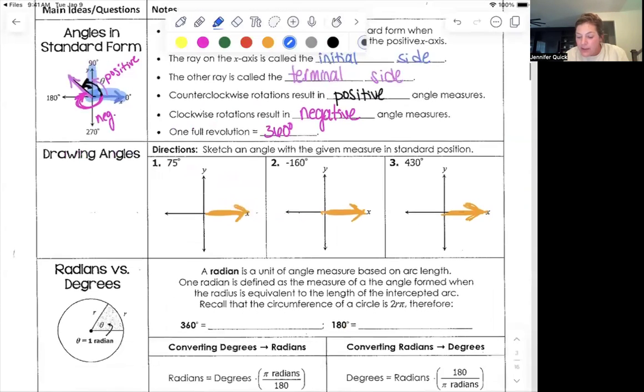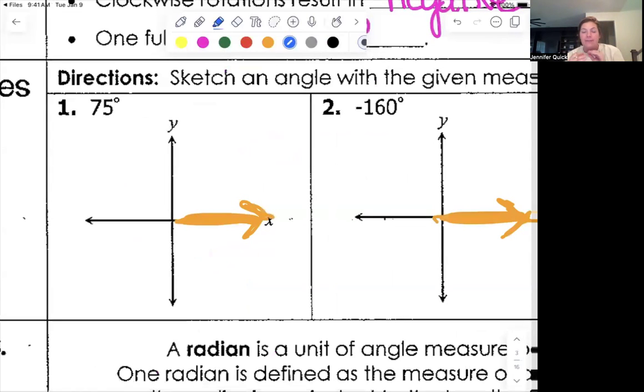So if I want to sketch a 75-degree angle, am I going to go all the way this direction? No, I'm going to stop shy of 90 degrees. Now, again, it's a sketch. It is not a perfect angle. I'm not asking you to get your protractor out and measure it, okay? I want to go a little more than halfway, because I know 45 is halfway.